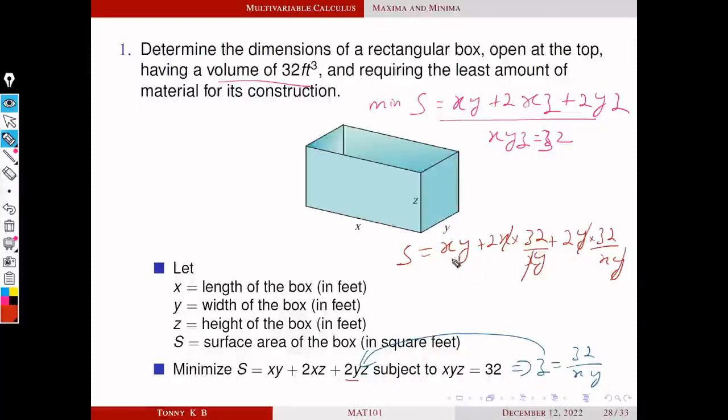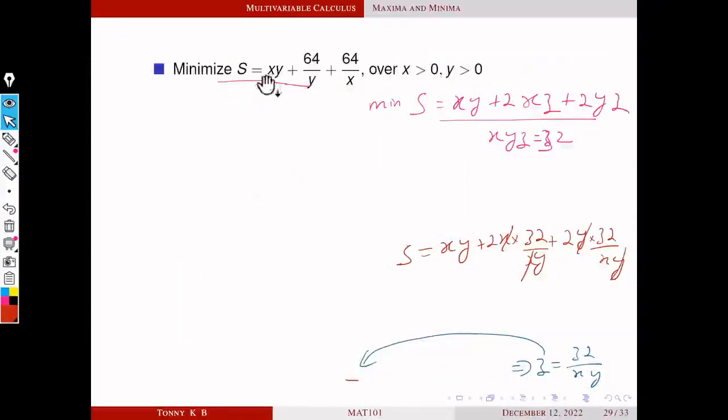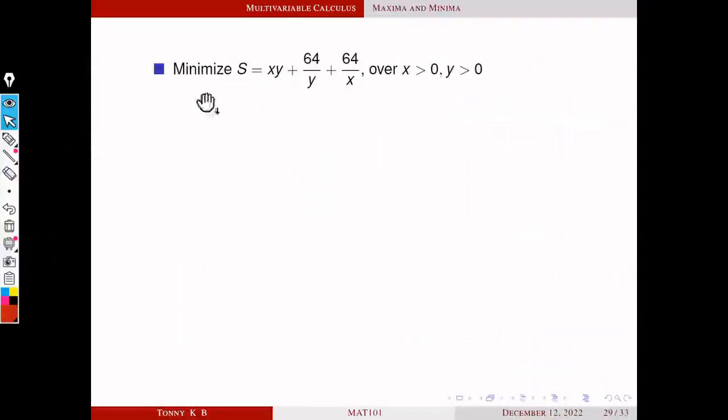So our expression becomes xy plus 64 by y plus 64 by x. So we have to minimize this new expression. So our problem reduces to this: minimize S equal to xy plus 64 by y plus 64 by x in this region.